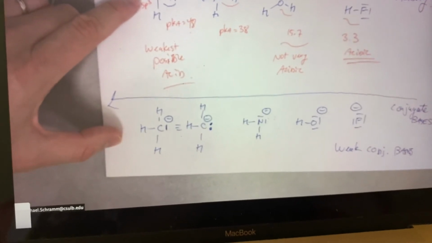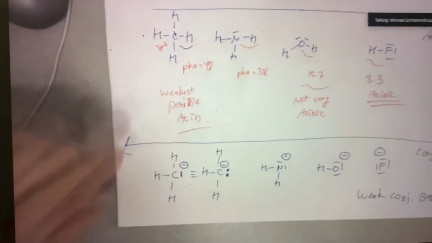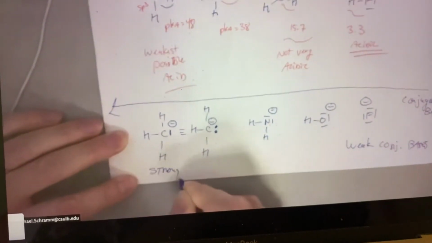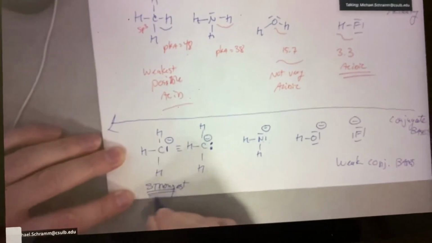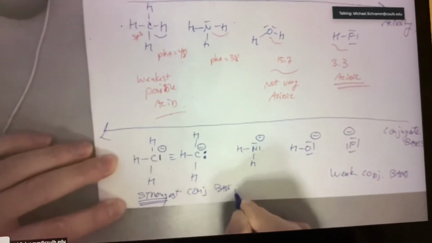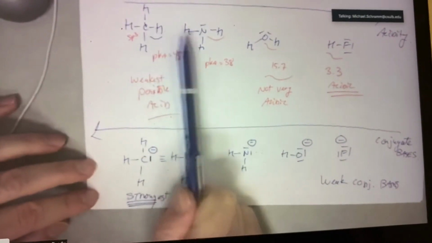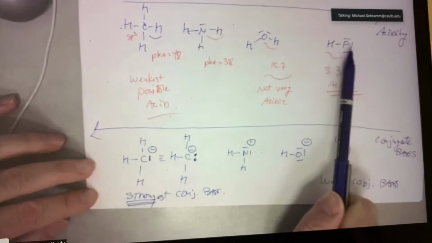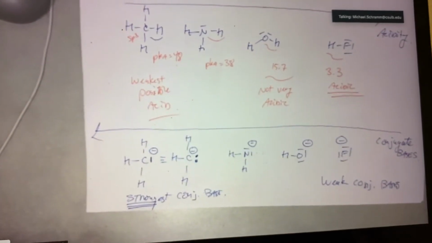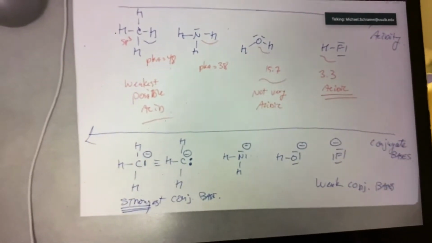If this is the weakest possible acid we can imagine, then its conjugate base is the strongest. Or we could just say strong conjugate base. So notice that the acidity trend in a row of the periodic table, carbon, hydrogen, nitrogen, hydrogen, oxygen, hydrogen, F, hydrogen, increases. The conjugate bases are opposite. This is a very, very important thing for you to recognize.